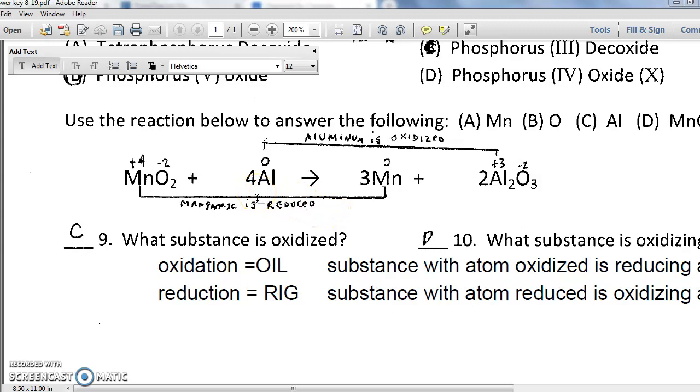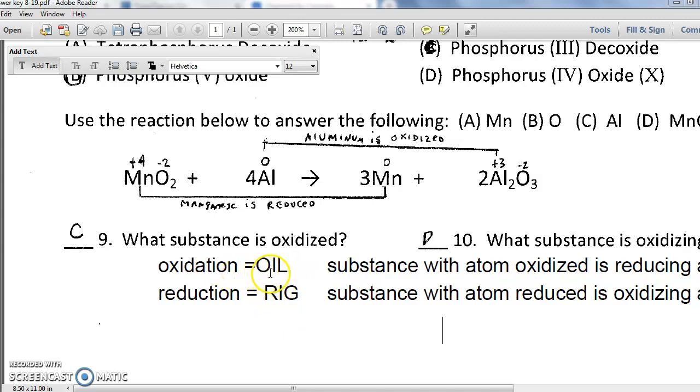So let's take a look at assigning oxidation numbers. Because in order to be able to identify the substance that's undergone oxidation as well as the substance that's undergone reduction, we need to see what's happening to oxidation numbers. If you remember, a trick to remembering oxidation reduction is OIL RIG. Oxidation is loss of electrons.